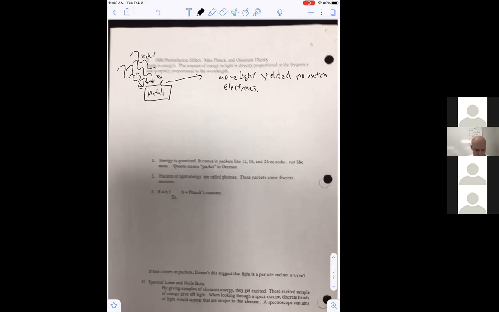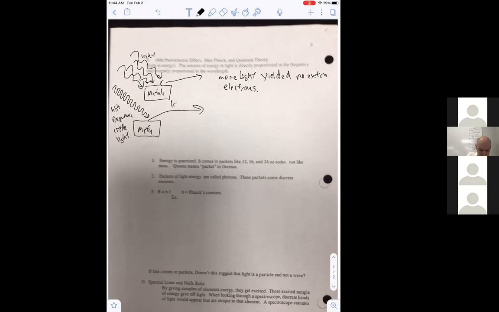So Max Planck was pretty upset. So what he did was he played around, and he changed the frequency. So he's got high frequency, but little light. He had very little light, but he just changed the frequency of the light.